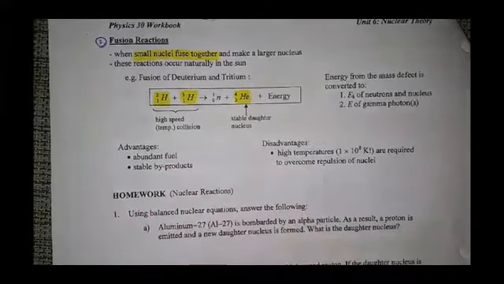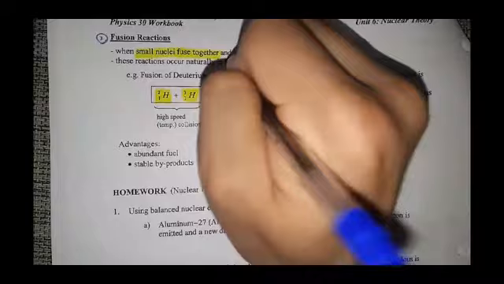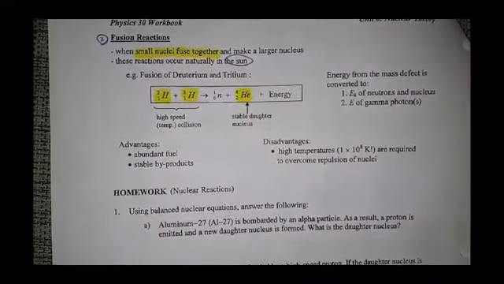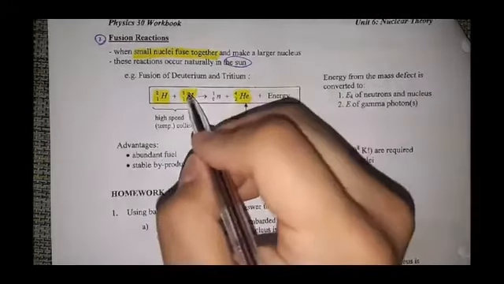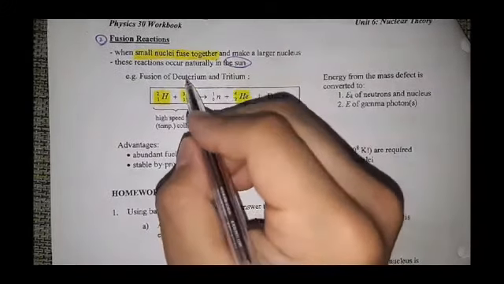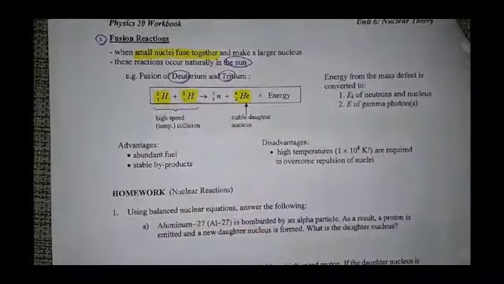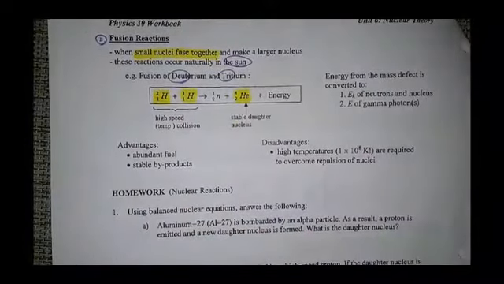And it happens in this universe, it happens in the stars. Hydrogen combines to make helium. It's a natural reaction. So the one important reaction that I'm going to show you is in the sun, and it involves deuterium and tritium. Deuterium, like the word suggests, is like the prefix duo, that means 2.